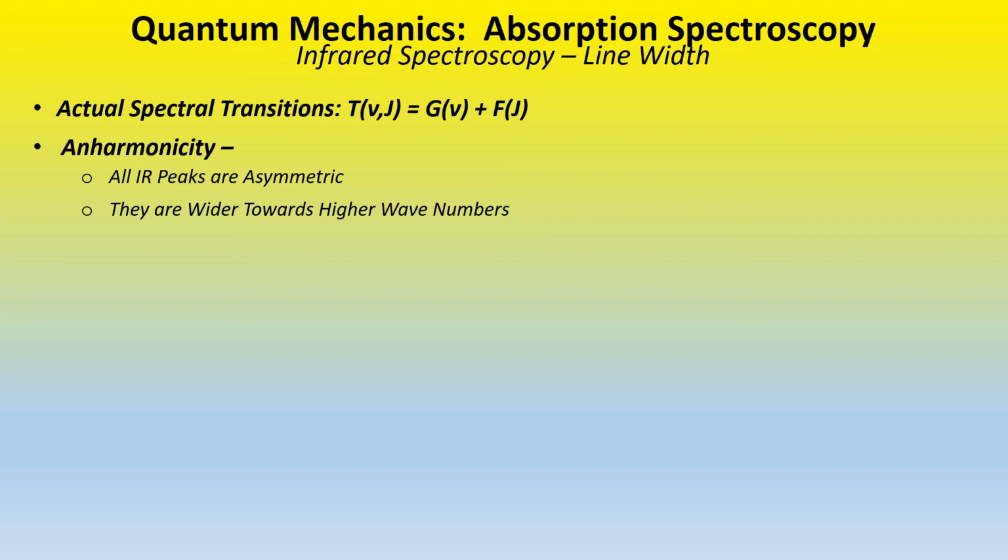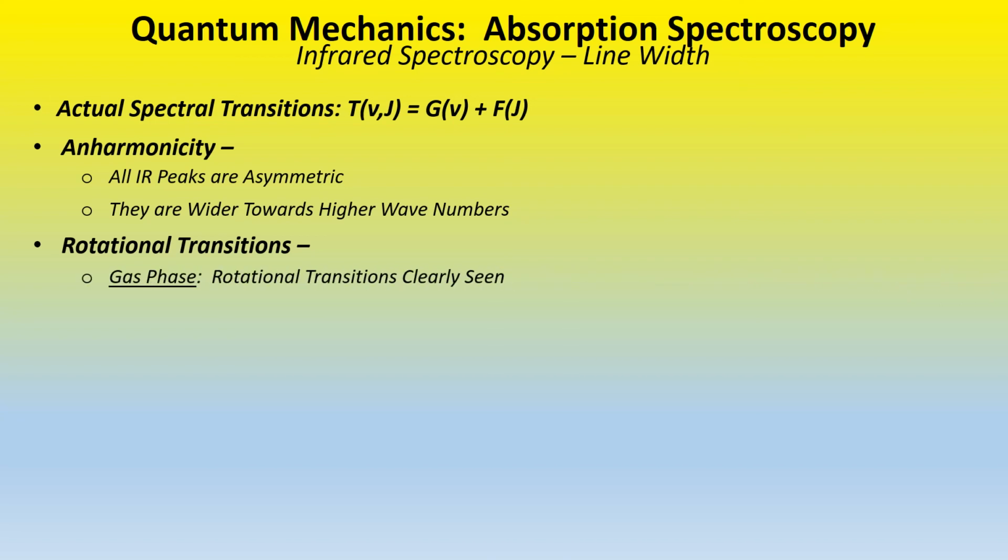The rotational transitions also add to line width. In a gas phase sample, the classic experiment with HCl gas, the rotational transitions are always clearly seen. However, in a more typical case, when you have a condensed phase material, these rotations contribute to the peak width.